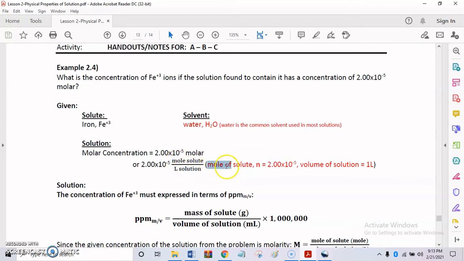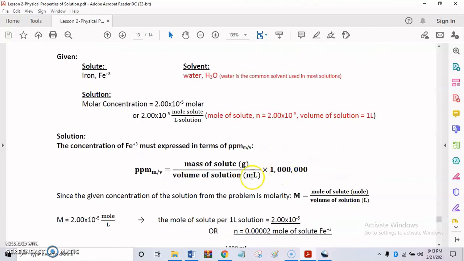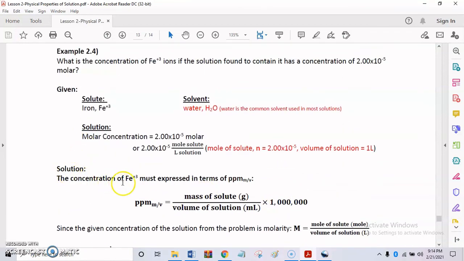So, mole of solute here is, yung N natin is 2.00 times 10 to the minus 5 moles. And the volume of our solution is 1 liter. Solution.